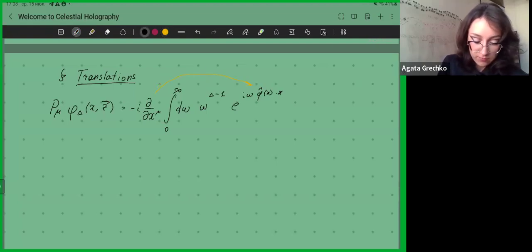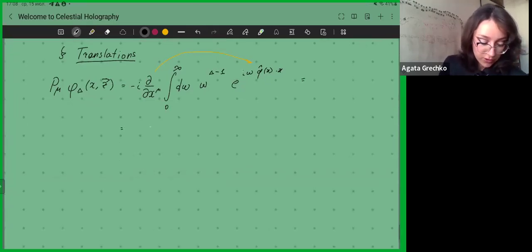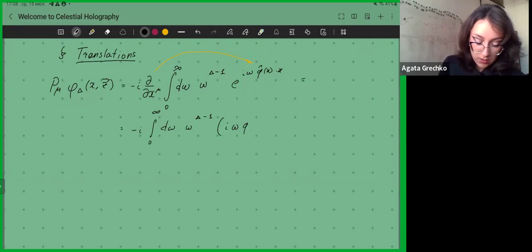Acting on the plane wave, we obtain the factor of i omega q^mu acting on the exponent. So here we have minus i, integral from 0 to infinity of d omega omega^(delta-1), and then again i omega q^mu times our plane wave.